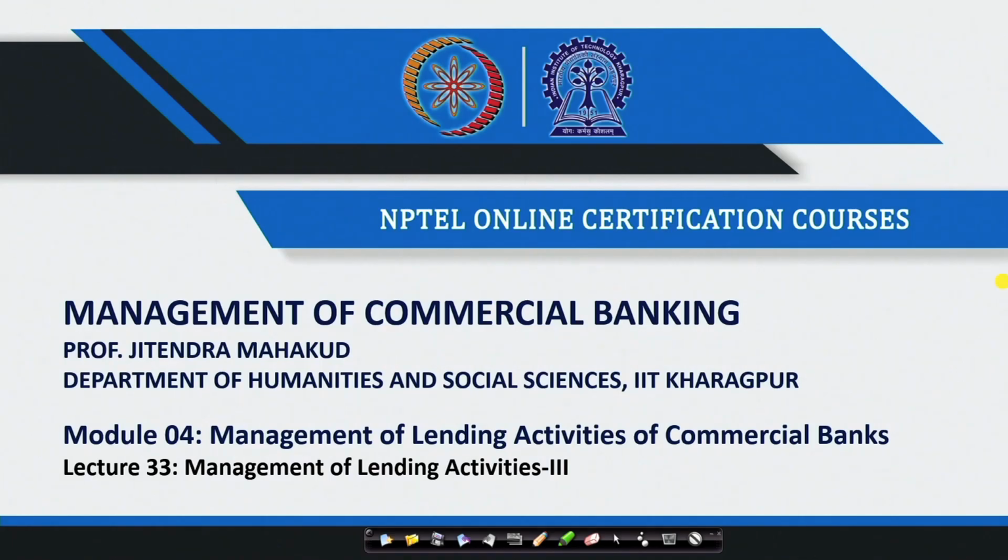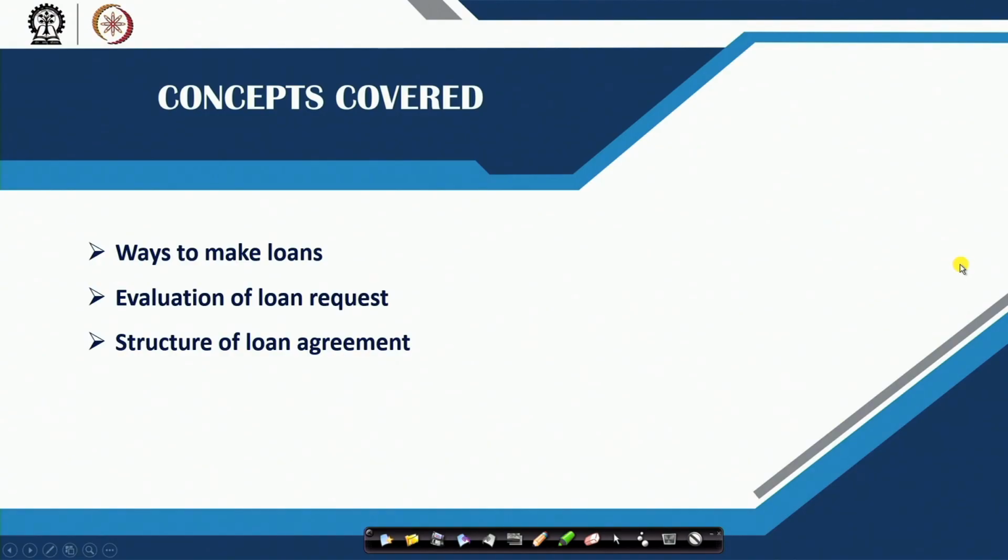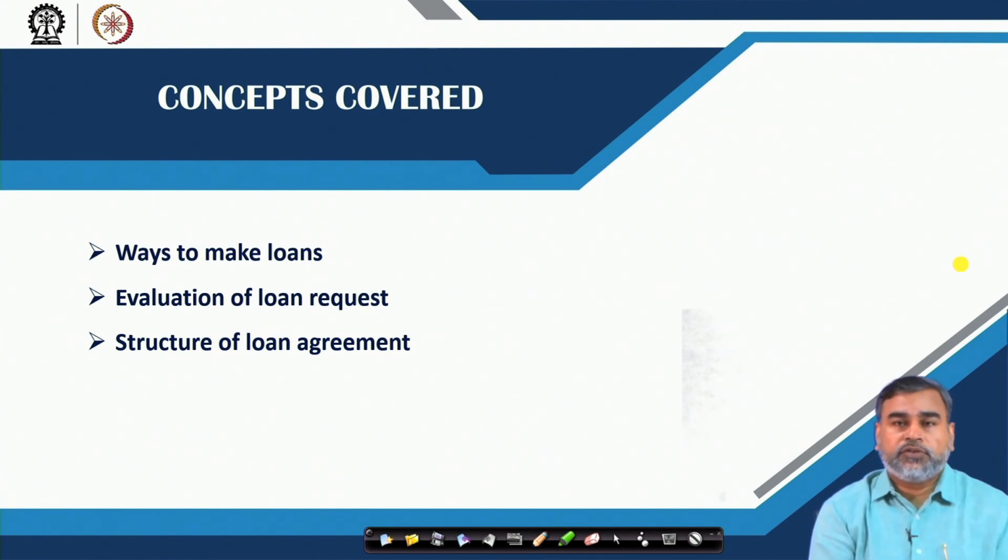Today, we will see the different ways commercial banks provide loans, the different forms or methods through which loans are disbursed. This is number 1. We will also see how the loan request is evaluated, what factors they look at when evaluating loans, which is a basic step of the lending process.